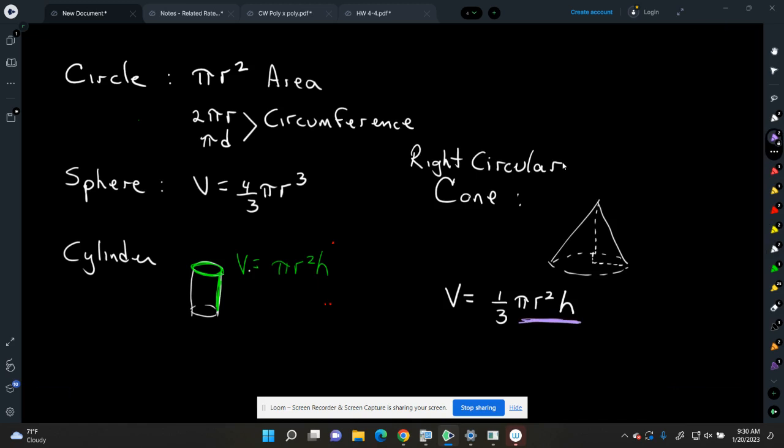I just imagine it's going to take 3 of these cones put together to make a cylinder. If you put another cone like this, and then another cone like this, then it's going to take 3 of them to get that cylinder. That's how I remember it.